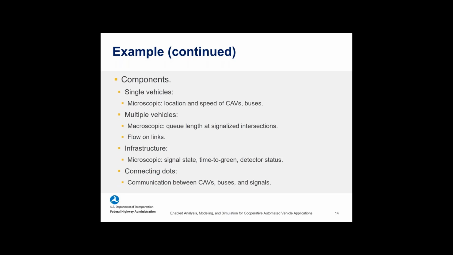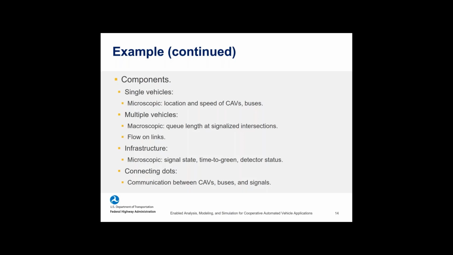So what are the components? Now think about the pillar diagram and having that brainstorming with your team before you move on and actually do the task themselves. So the components in terms of the single vehicle pillar, I'm going to need a microscopic component because I need the location and the speed of the CAVs and buses. So I need them at a microscopic level.